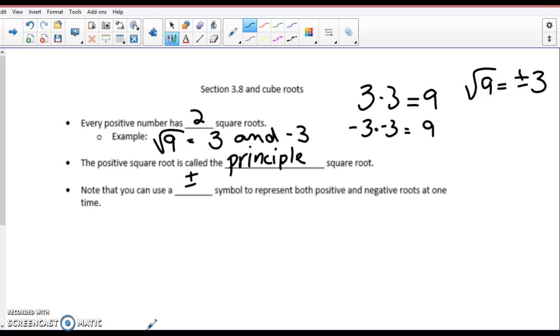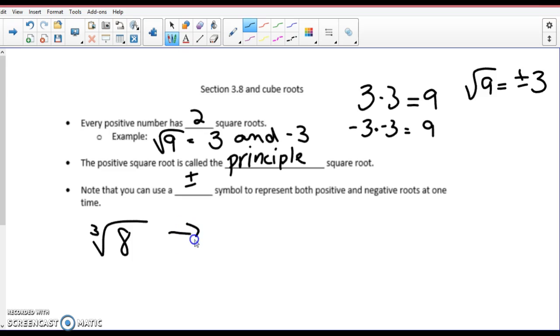Now, under here, I want you to add this. It's going to be the first time you guys have seen this. Do you see this is a square root symbol, but in that little elbow, there's a small 3.